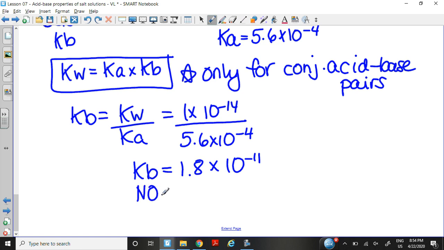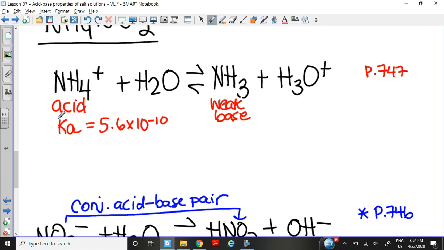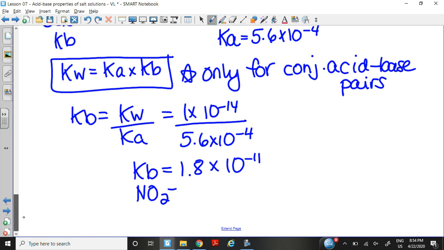That's for nitrite. Now, back up at the top, we put in our Ka for ammonium. The Ka for the ammonium ion is 5.6 times 10 to the negative 10.